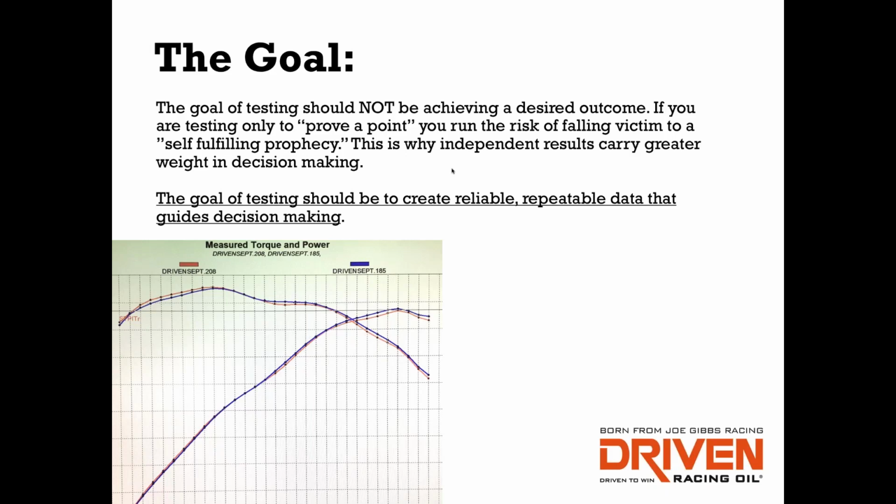When I have a good baseline like that, then if we make a single change, not multiple changes, and we see the numbers go up or go down from there, then we have data that can guide our decision making. And that's the whole point of testing, is creating data that aids in decision making. As long as that's your goal, then you're approaching it the right way and you can go somewhere.